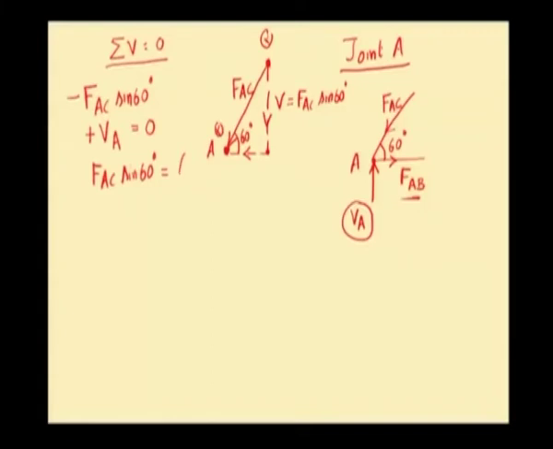VA is already determined as 6. From this we can get the value of FAC. FAC will be equal to 6 divided by sin 60. So, FAC comes as 6.93 kilonewton. If you see the sign for FAC, it comes as positive, which means that our assumed nature of force for the member AC, that is compressive, is correct. So, FAC compression is correct.